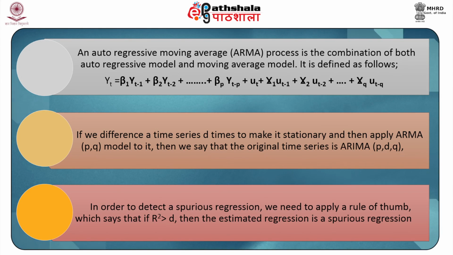Another method which we have learnt of judging spurious regression was suggested by Granger and Newbold, where we have learnt about a rule of thumb which says that if r square is greater than d, then the estimated regression is a spurious regression. So, I hope you can recall all these things which we have learned in this module. Thank you very much.